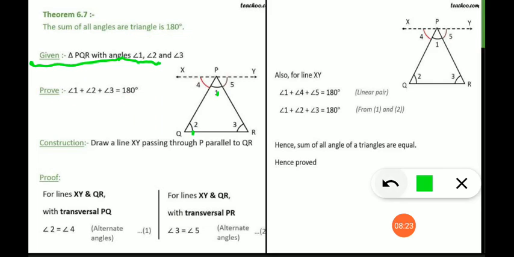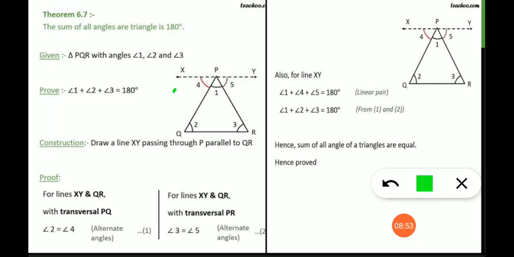Okay, but how are we going to prove it? So for that we are going to draw a parallel line from point P, and it is parallel to QR. Okay, so let that line be XY. Students, always remember that whatever construction we are doing, we will do with a dotted line.